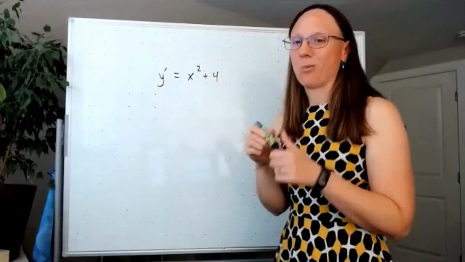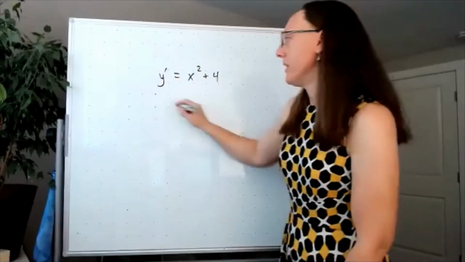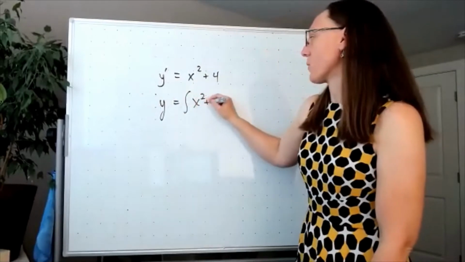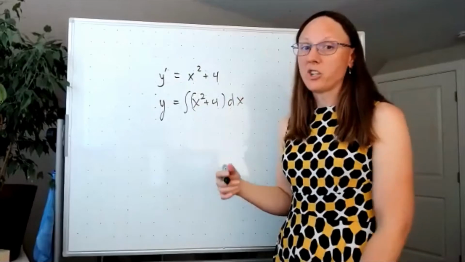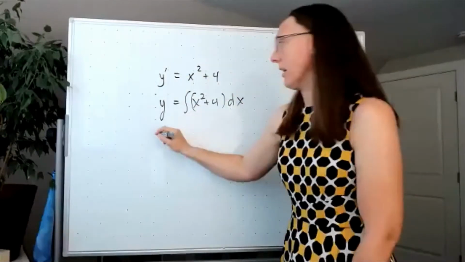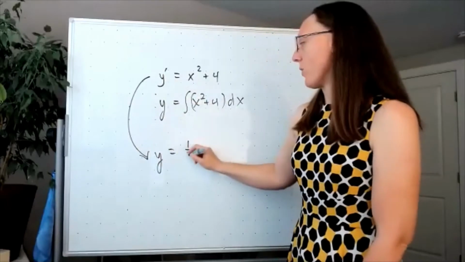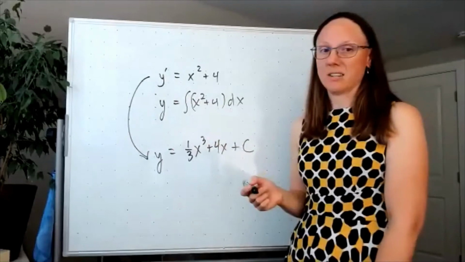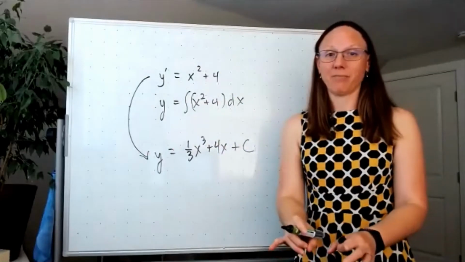And then we looked at that and we said, well, how do we undo the y prime? We take the antiderivative. So we could just write that as y equals the integral of x squared plus 4 dx. Or we could just straight up find the antiderivative and go straight from there to y equals 1/3 x cubed plus 4x plus some constant. And all of this was fine, and all of this is still fine.